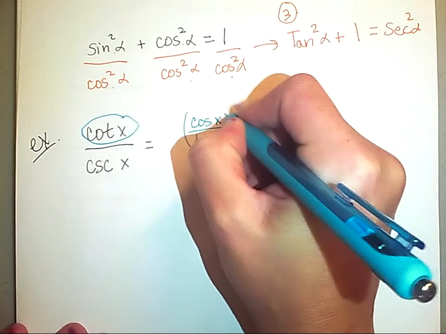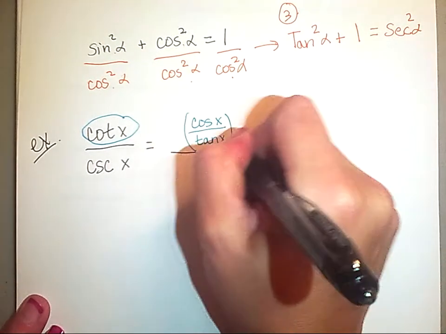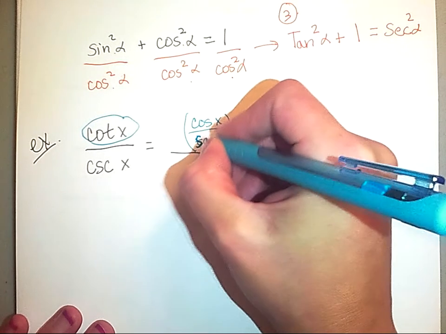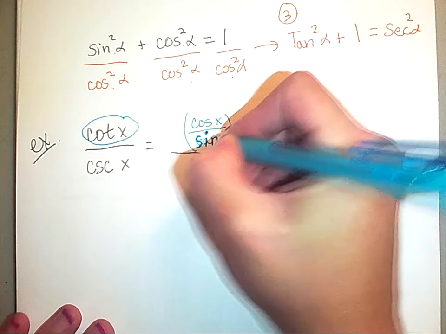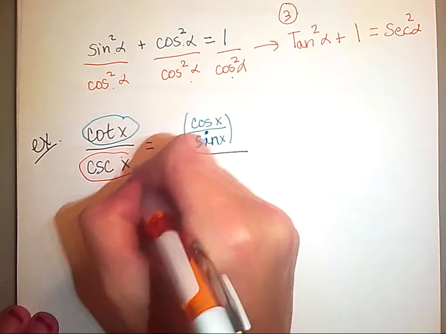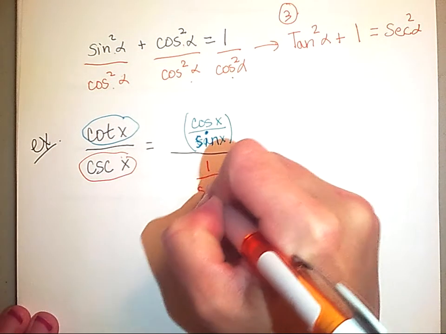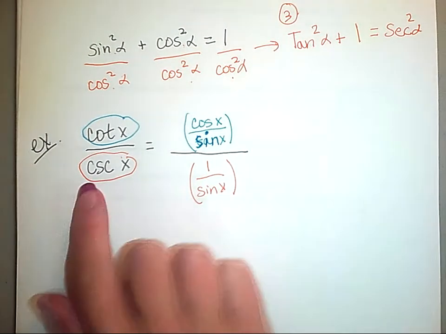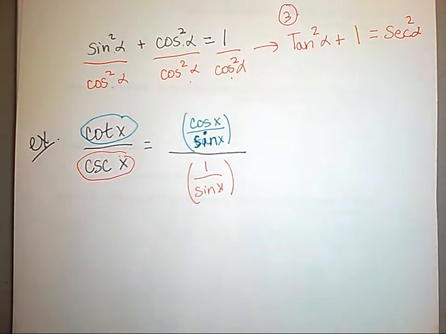So that whole thing needs to be divided by the cosecant, which is 1 over the sine of x. From here to here is true, just rewriting by identities.